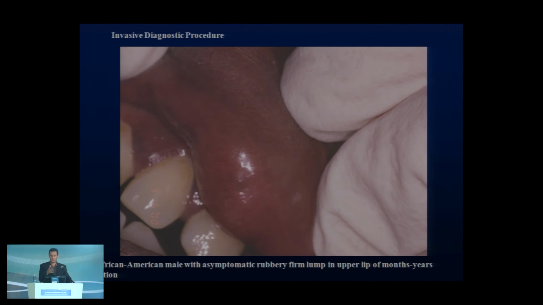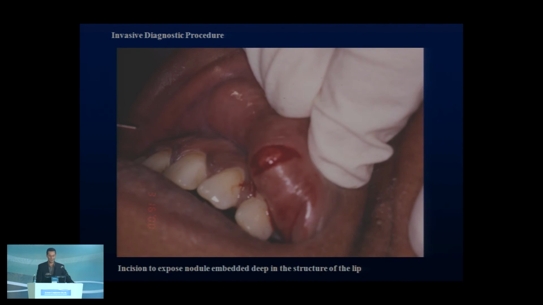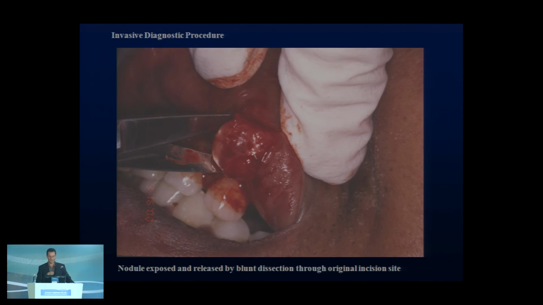So same thing. We thought that this was probably a benign growth or tumor. It felt pretty firm and well defined. But because the mucosa is normal, I don't need to send the mucosa to the pathologist. The pathologist doesn't need to see the mucosa on this. Okay, I can just do an incision and blunt dissect this lesion out. And when you blunt dissect this lesion out, you start to see exactly what it looks like.